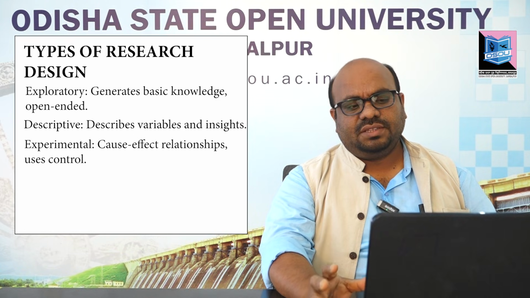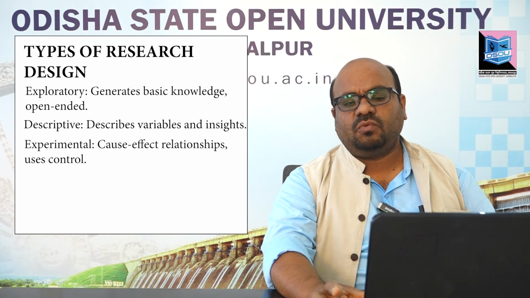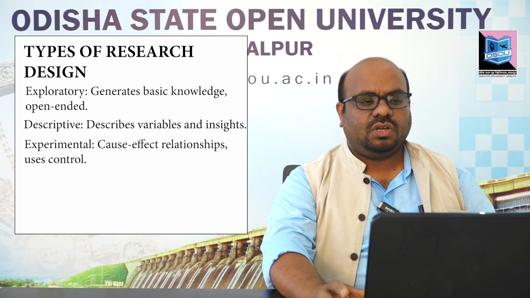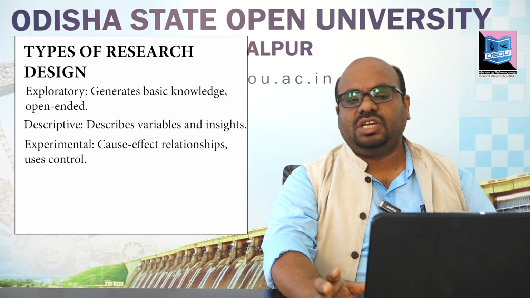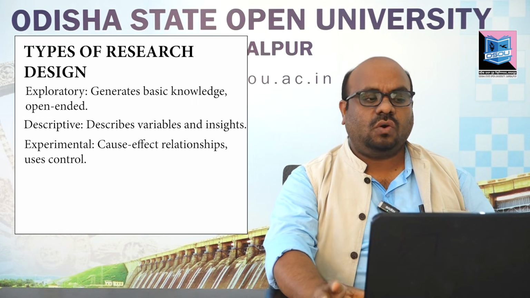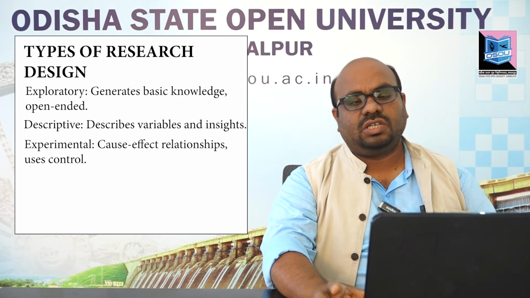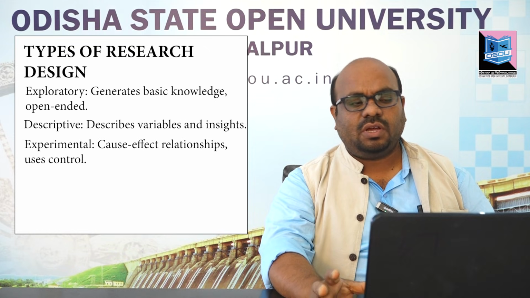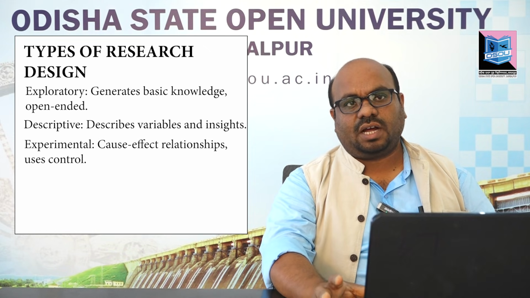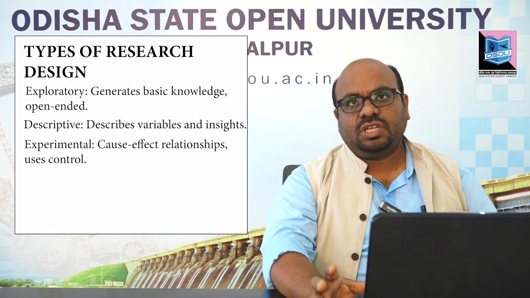This is used to find out if one thing causes another. The researcher changes one factor, called the independent variable, to see how it affects another, called the dependent variable, while keeping other factors the same. It is mostly used in science and medicine.